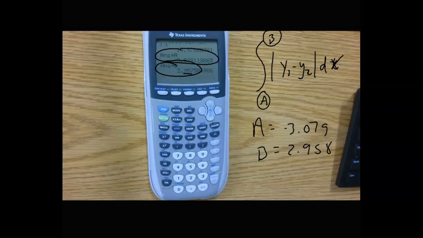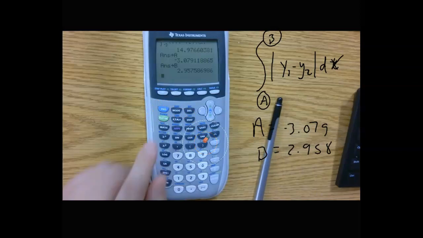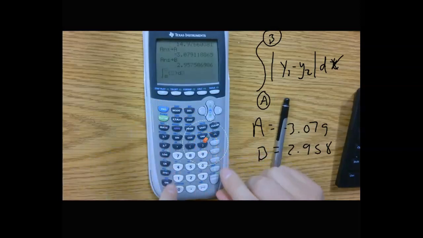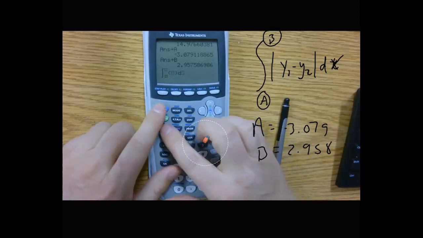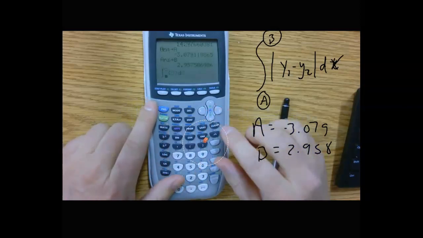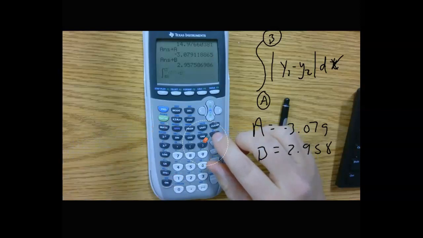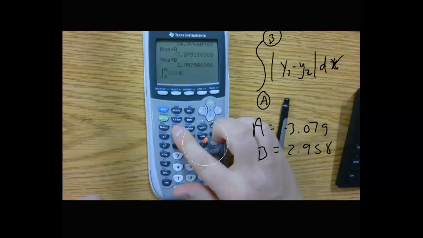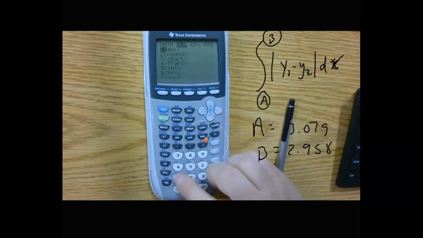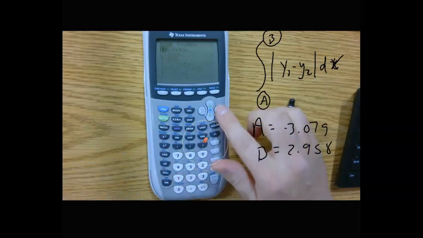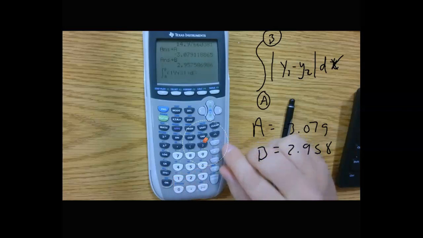But our calculator will help us actually find this area now between those two curves. So I'm going to do math, 9, and we're going to put A at the bottom because it's the smaller one, right? Oops. Alpha, and then A, and then alpha, and then B, and then we're going to do the absolute value of y1 minus y2.